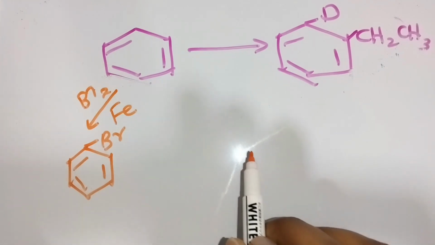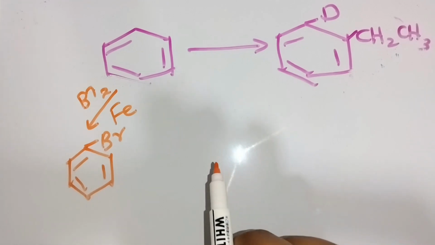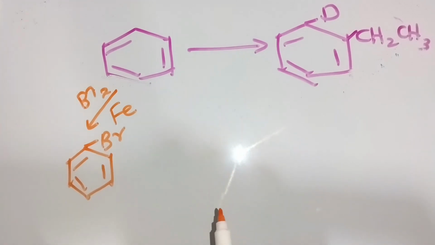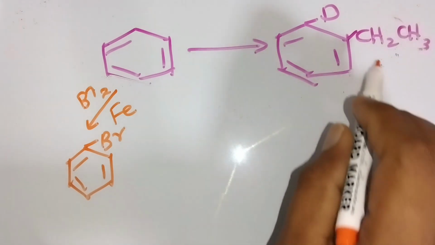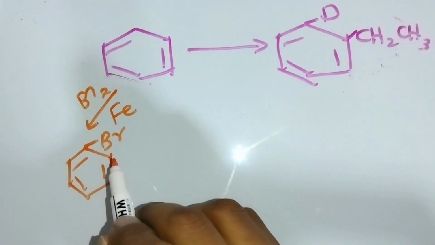So in this organic synthesis I want to substitute an ethyl group at the para position.